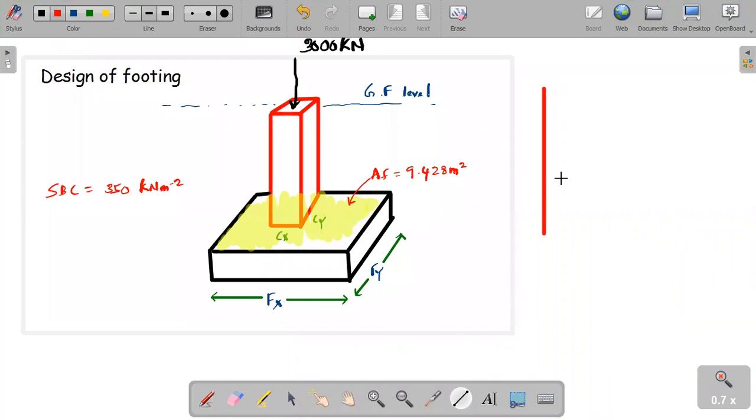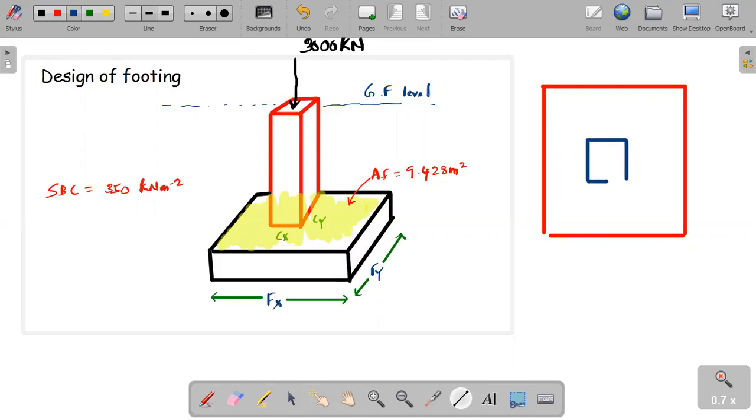I will draw the 2D version of this footing, that means the bird view of this footing. This is the footing and this is the column. Okay, this is fx and this is fy.